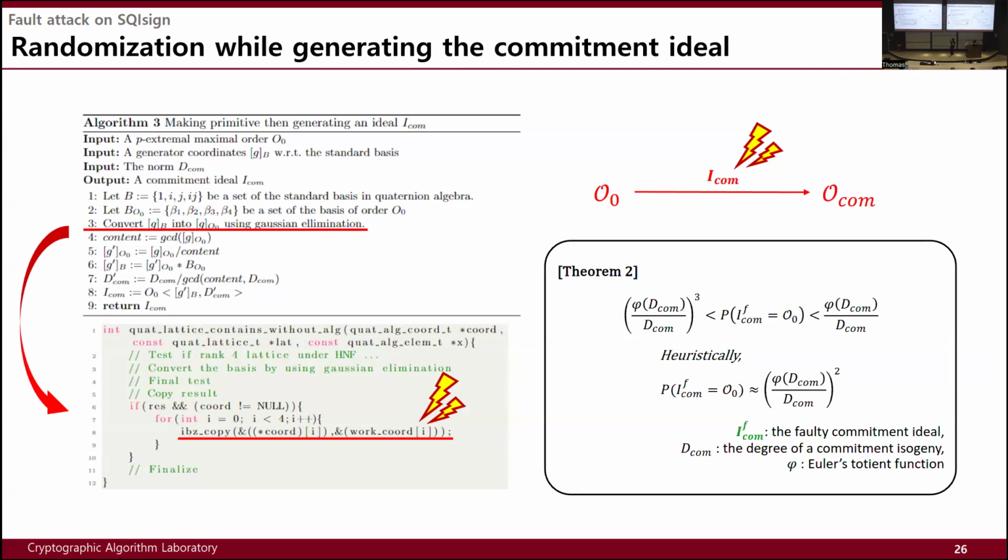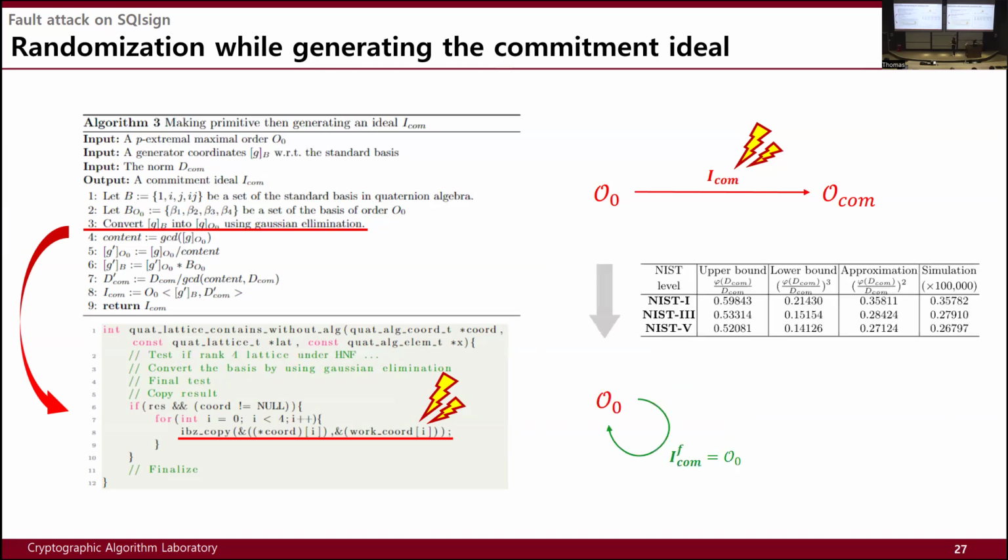What we prove in the paper is that by injecting a fault into the generator, we can make the commitment ideal O0 with a probability that only depends on the degree of the commitment isogeny. This is the upper bound and lower bound approximation for each security level. We simulated the fault attack 100,000 times, and it supports our approximation.